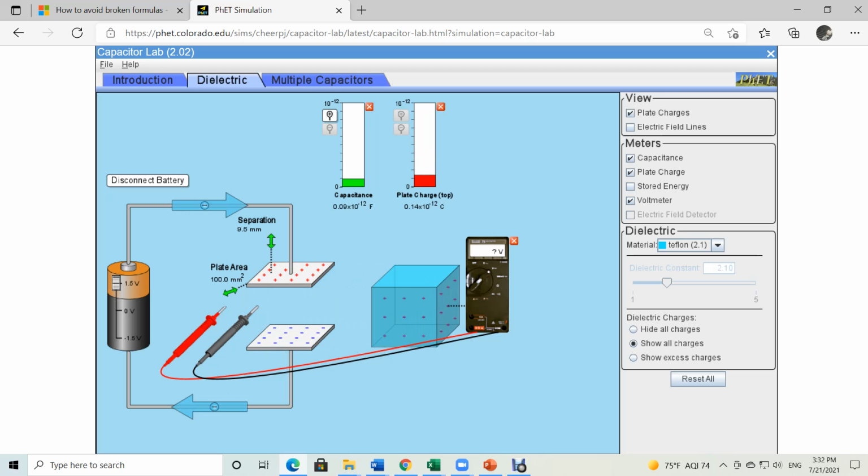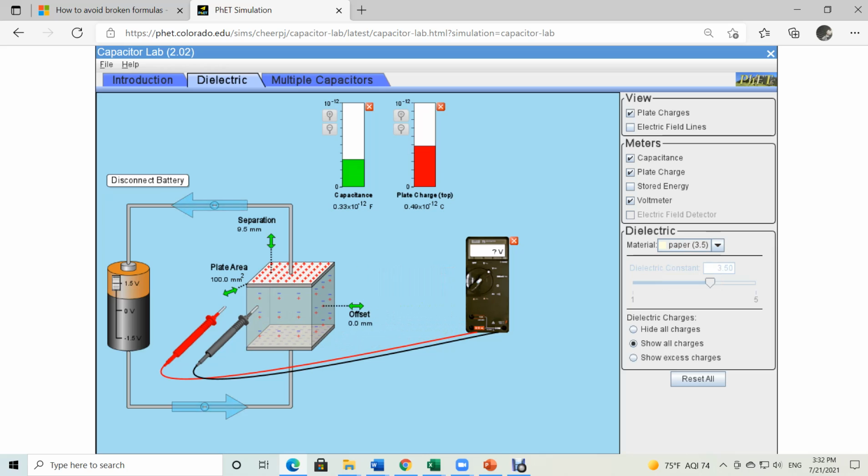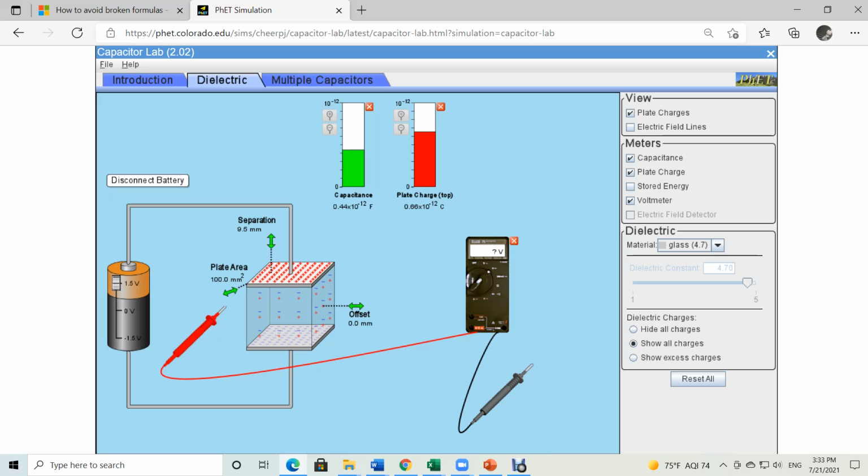So next one, increase the dielectric constant again. 0.29 went to 0.49. Glass, 0.66, right? So here you go. Teflon, 0.29. Paper, 0.49. Glass, 0.66. So the amount of charge increases as you change the dielectric constant there.